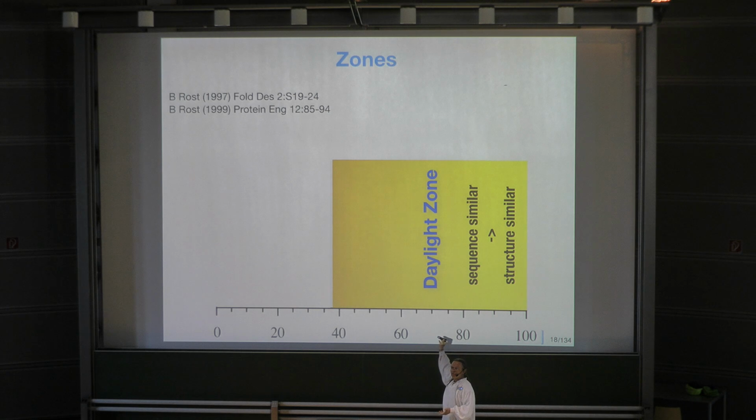And at some point, we will possibly no longer be able to say that two proteins have the same structure. Daylight zone is defined as the zone where from sequence similarity, so all I compare is protein sequences, and from their similarity, I will be able, without mistakes essentially, to say that these two proteins have the similar structure. I may not know any of the two. All I need to know is their sequences. The sequences are similar enough to say they have a similar structure. That's the daylight zone.